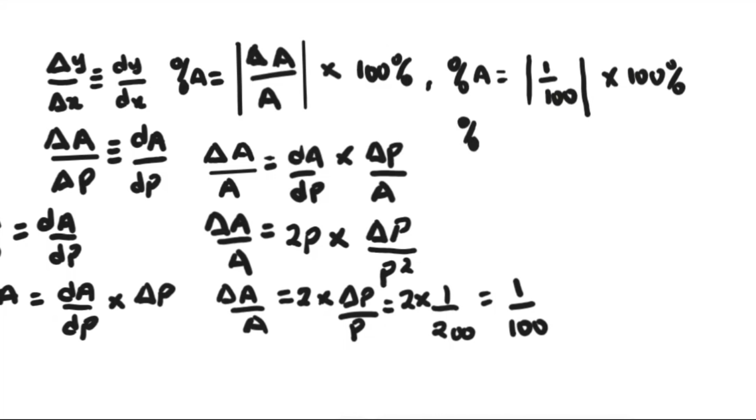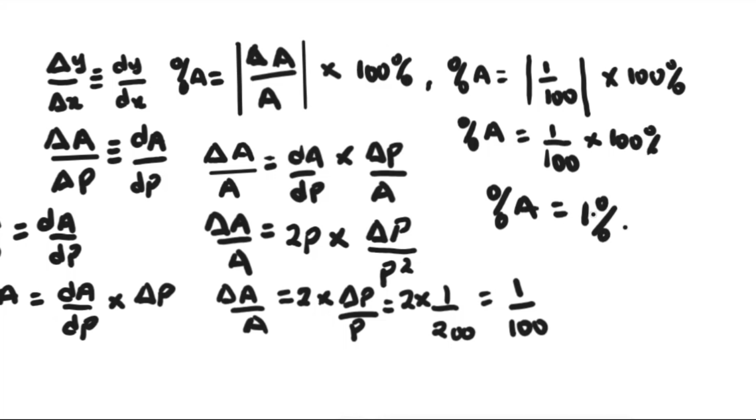Our percentage increase in our area will give us the absolute value of 1 over 100 times 100%. So therefore, our percentage increase in area will be equivalent to 1%.